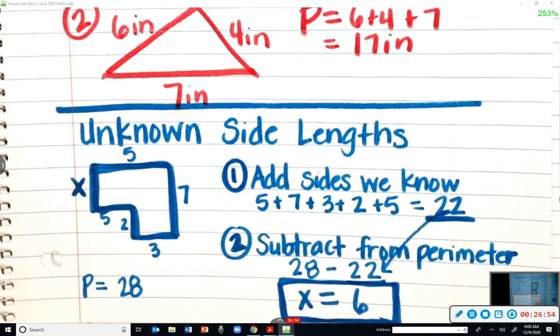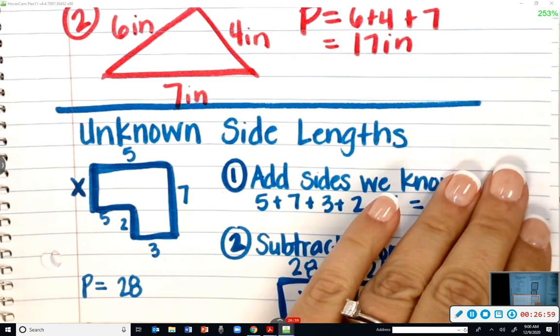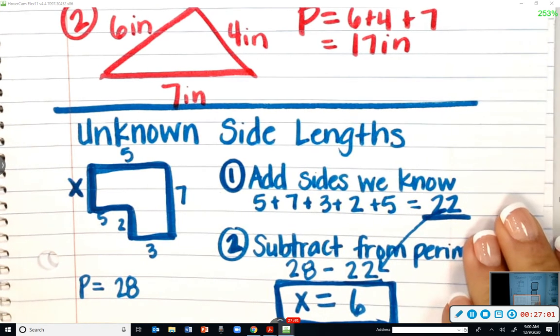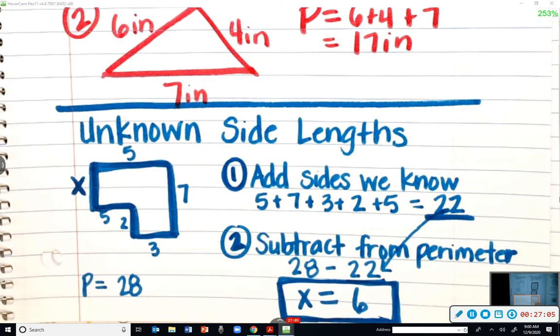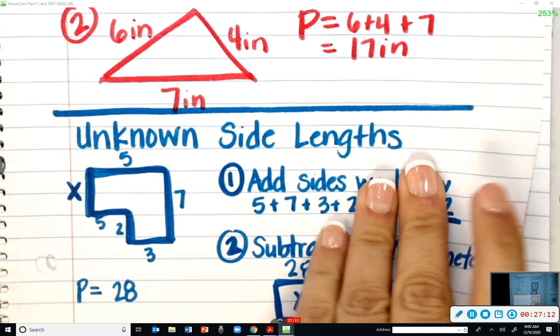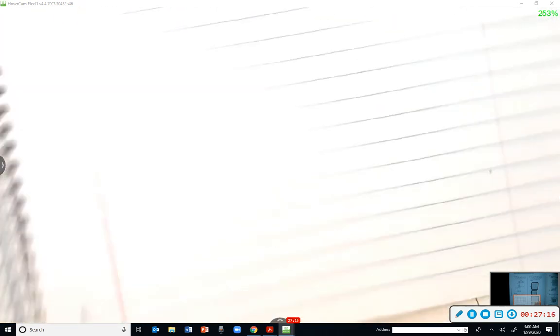You want to be able to actually use this, so make sure you're writing everything down and writing it correctly. This is just one missing side. So now let's review what we just learned on if there is a rectangle with 2 missing sides. The steps are the same, but we have one extra one, right?